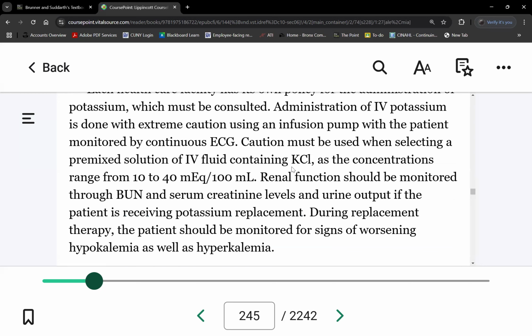All right, any questions about potassium? So what do we check again before giving it? Kidney function and of course the potassium level. And when it's IV, how much can you give? 10 per hour, right? 10 milliequivalents per hour. And can we push it?